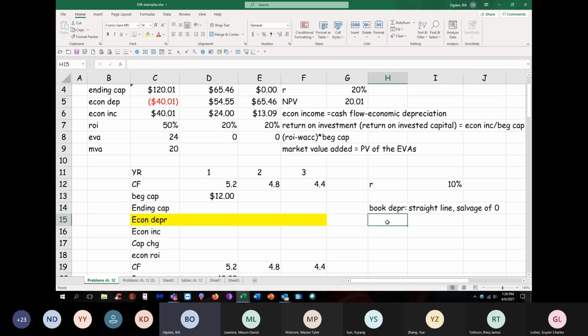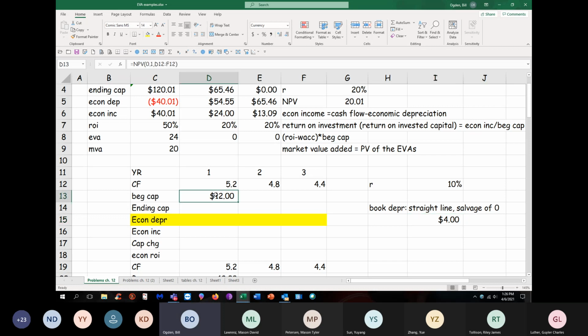So our book depreciation will equal our beginning cap minus 0, so our investment minus 0, divided by n, which is 3. So we have book depreciation equal to $4 each year. Now let's compare that to economic depreciation. Okay, so let's start out.